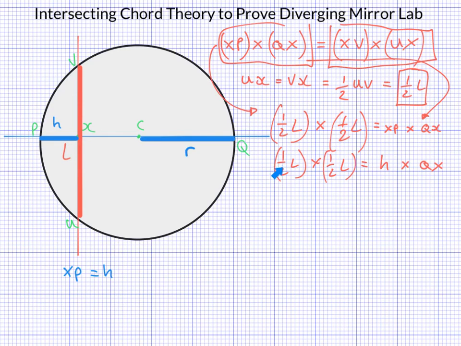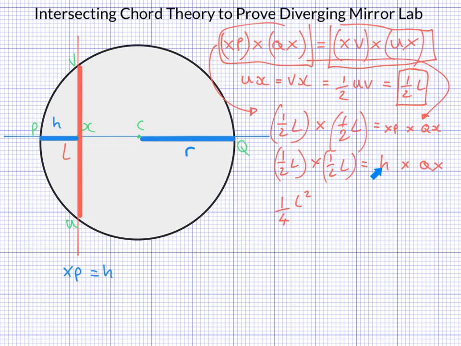So let's simplify this down a little bit more. I'm going to factor these out. Half times a half is a quarter, so let's put that in. So a quarter, and then L times L is L squared. The half L and the half L ends up being 1L, so that basically becomes 1L times L, so that just kind of disappears.